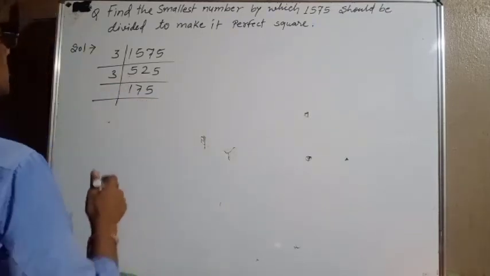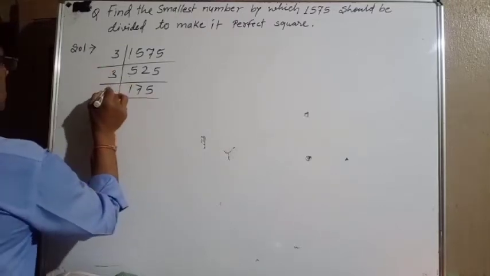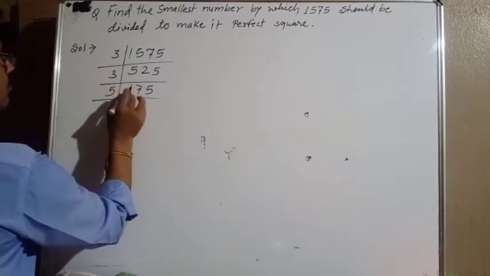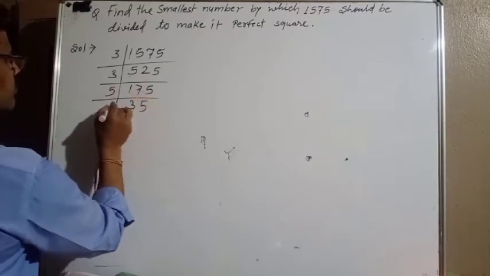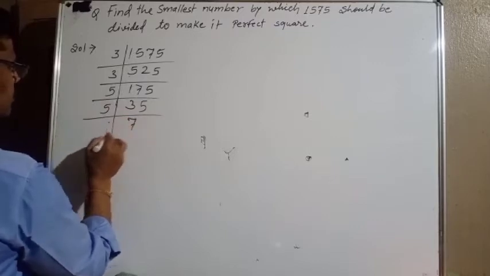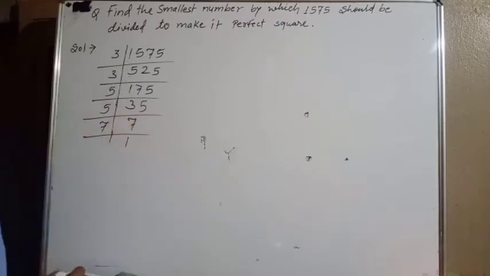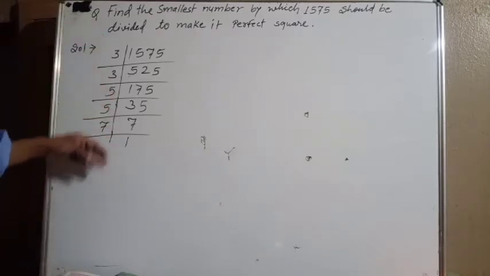So now we should divide by the next prime number, 5. 5 3s are 15, 5 5s are 25, 5 7s are 35, and 7 1s are 7. Okay, now we have got the prime factorization of 1575.